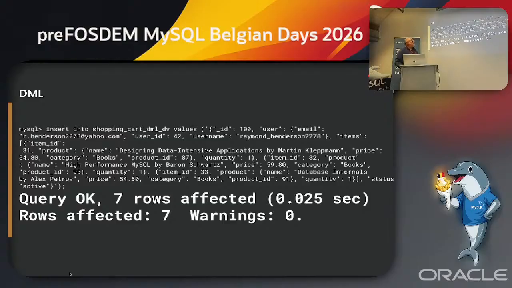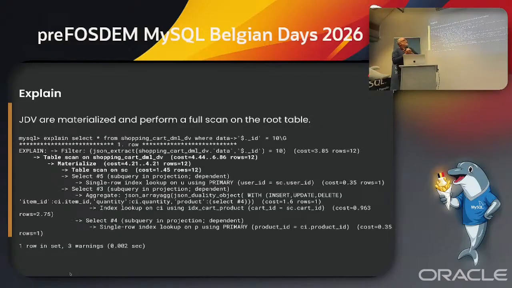How JSON duality views are executed. This is the part for me more. There's a table scan, then we materialize this, and then we perform a table scan from the materialized view. Even if I'm searching using something that should be the primary key in the shopping carts table.